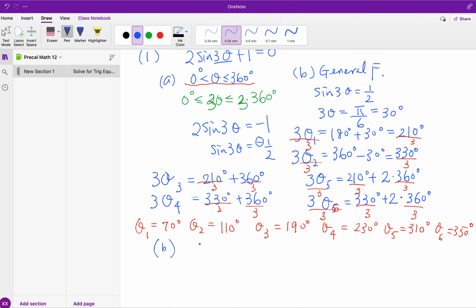So what I'm trying to say here is that I would just say the general solutions: 3 theta 1 equals 210 degrees plus 360 degrees multiplied by n.